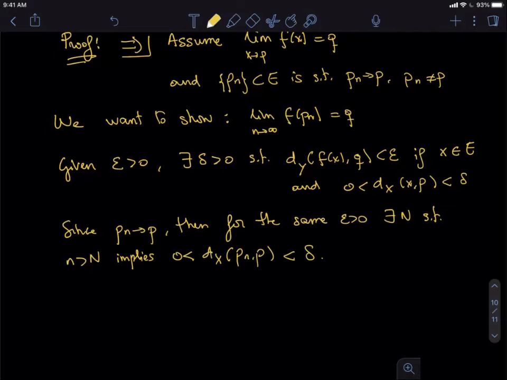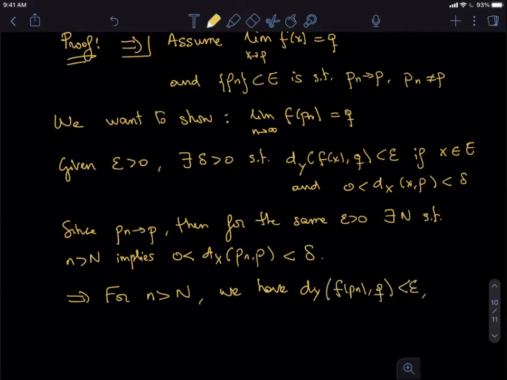Okay, so when we put the two things together, you see here we already have the same condition. There exists a delta. So here what we want to do then is say, well, for n bigger than capital N, we have that the distance in Y between f of pn and q is less than epsilon.